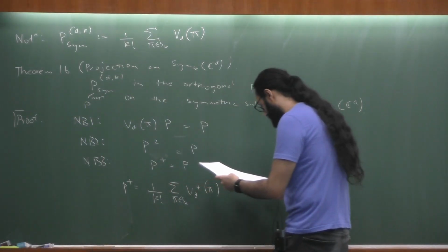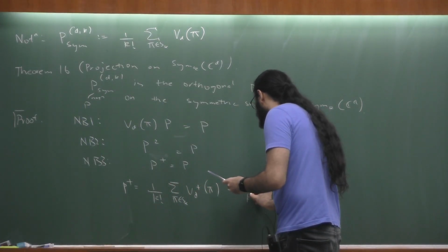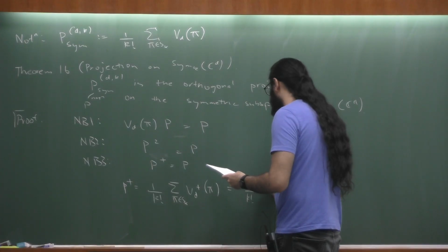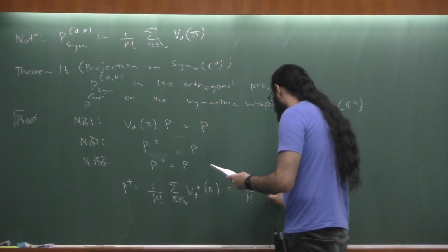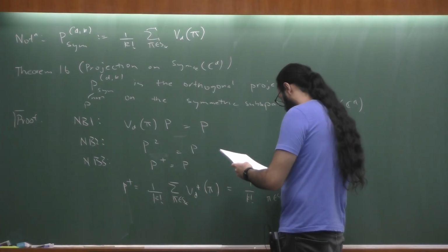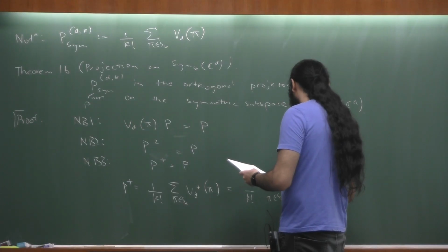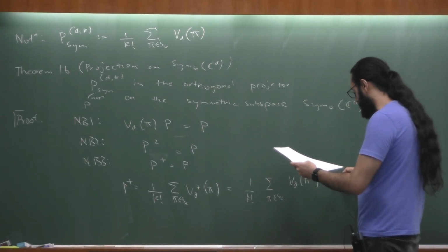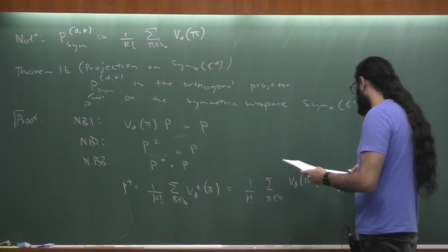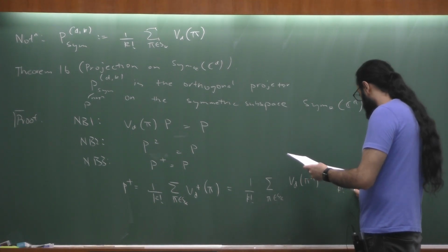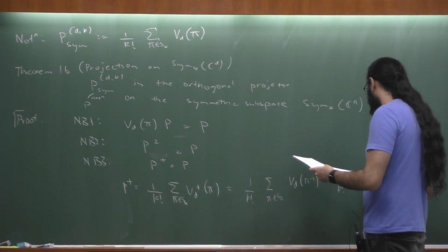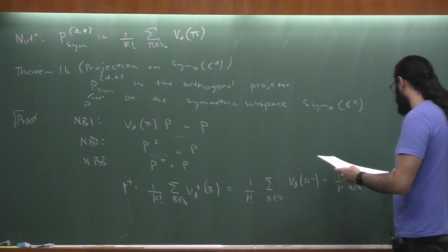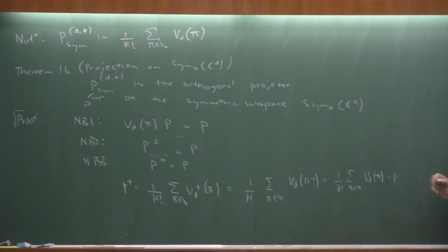This in turn is equal to 1 by k factorial, and we know dagger is going to make it inverse, so you'll have the sum over pi in S_k of V_d(pi inverse). This is just a change of variables because you're summing over all permutations, so you can do that. Which is P. There's nothing very fancy here either.